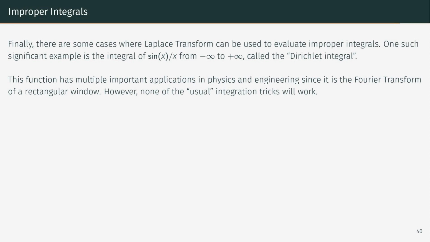One such significant example is the integral of the sine of x over x from negative infinity to infinity, and this is called the Dirichlet integral. This function has multiple important applications in physics and engineering since it is the Fourier transform of a rectangular window. However, none of the usual integration tricks will work here.